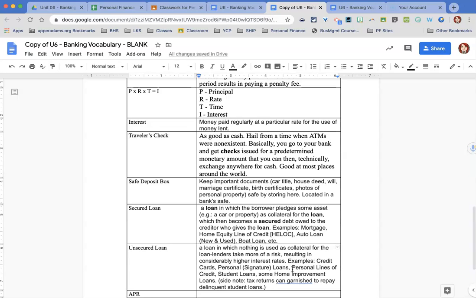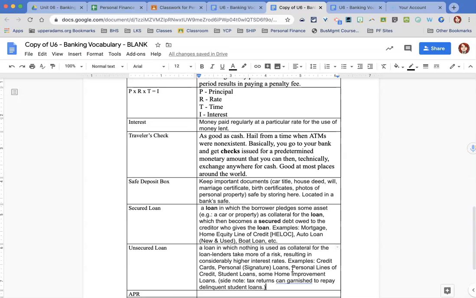So when we're saying here that your tax returns can be garnished to repay delinquent student loans, if you have delinquent loans, and let's say you're expecting $3,000 in your tax return, but you owe $5,000, you will not get any kind of tax return because those tax return monies will be going right over to pay off your student loans, as well as showing up as a ding on your credit report.